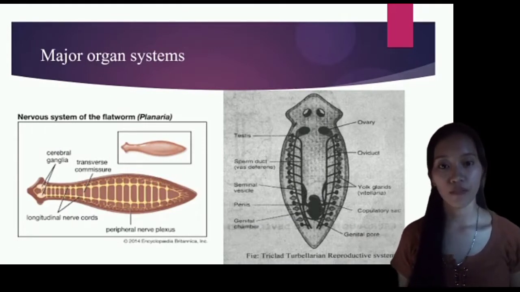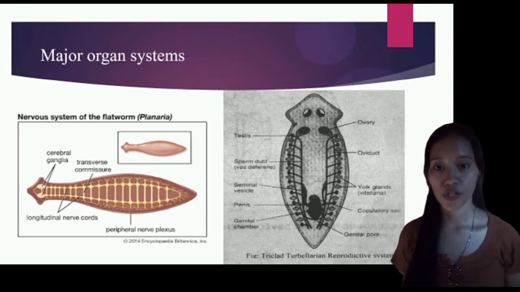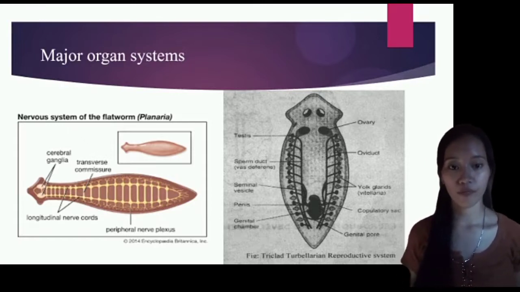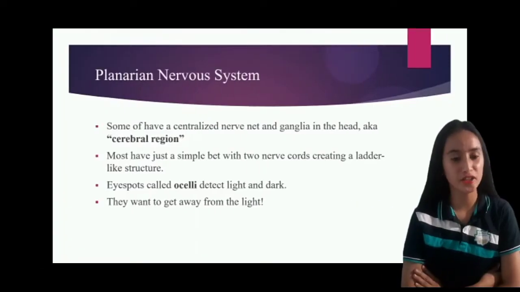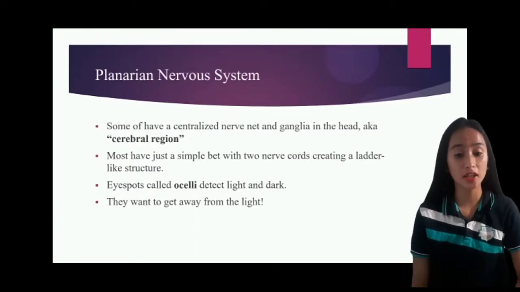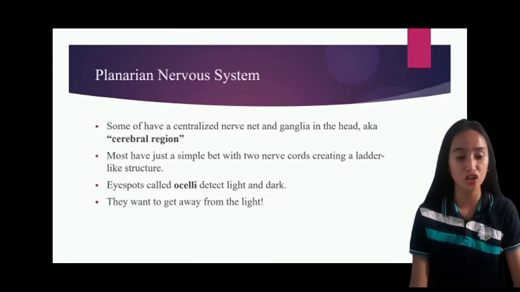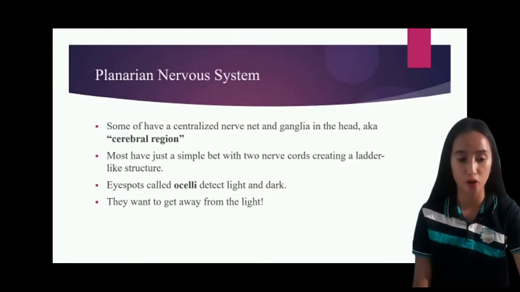The nervous system of the flatworms consists of cerebral ganglia, transverse commissures, longitudinal nerve cords, and the last one is the peripheral nerve plexus. Planarian nervous system. The planarian nervous system is located on the ventral side of the body and composed of a mass of cephalic ganglia in the head region and a pair of ventral nerve cords.